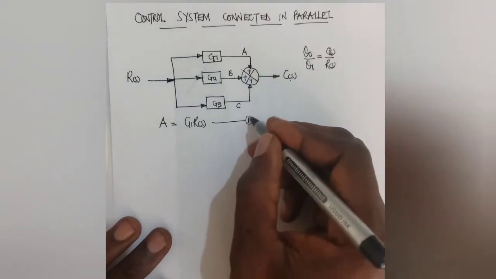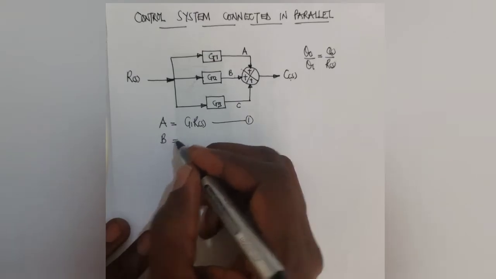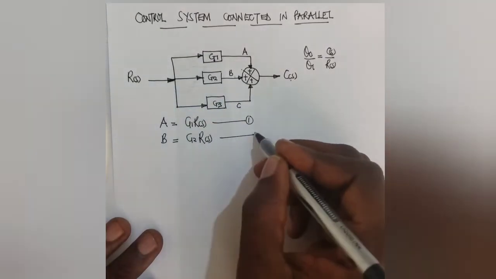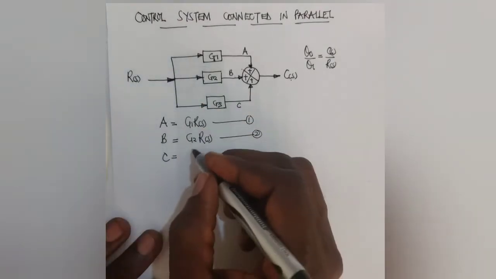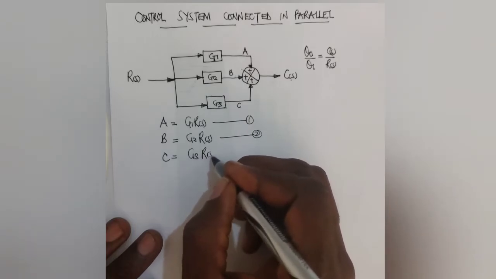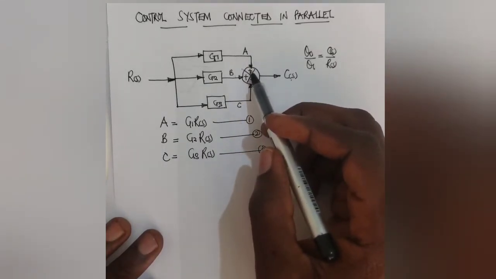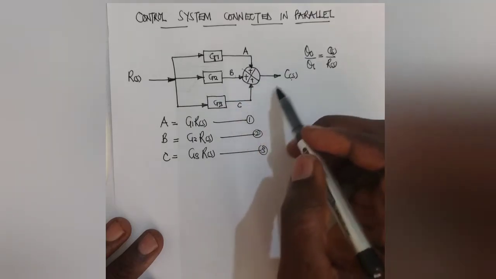Let me call this my equation 1. Similarly, B will be equal to G2 R(s), call this 2. And C will be G3 R(s), call this 3.